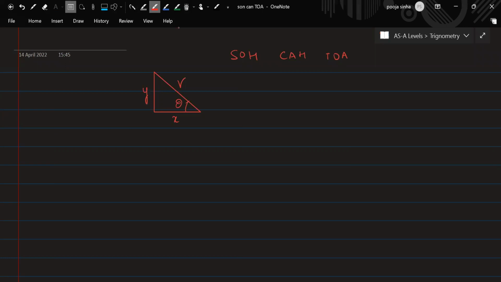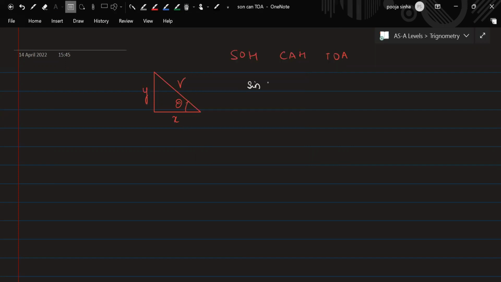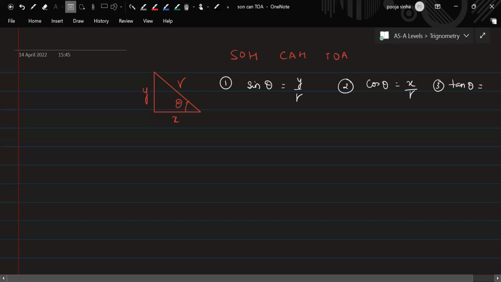Can you tell me what will be sine theta? Opposite upon hypotenuse, so y upon r. That's your first identity. Second, cos theta will be adjacent upon hypotenuse, adjacent is x, so x upon r. And third, tan theta is opposite upon adjacent, so y upon x. Three of them you're perfectly aware of, right?